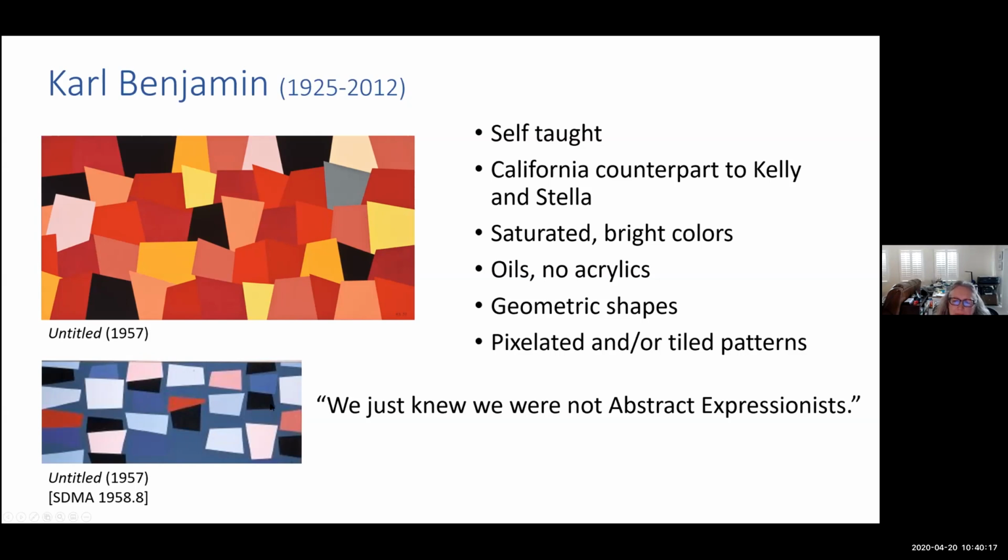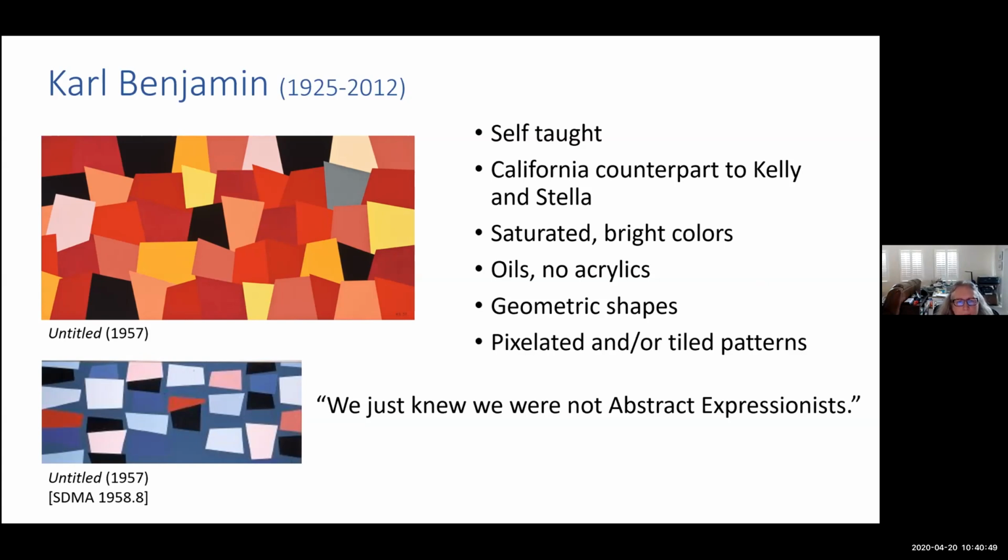And he liked these patterns, and they kind of predate what we think of as pixelated forms, as we see nowadays on the computer, but they're these tiled patterns. And it was mostly, all of these people were reacting against abstract expressionism, Jackson Pollock, and this overflow of emotion, and where the process is the art.